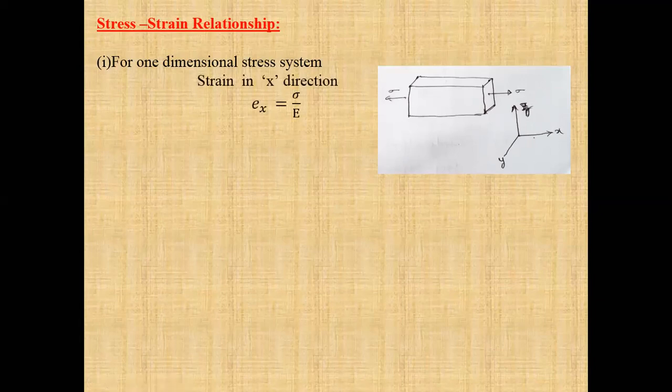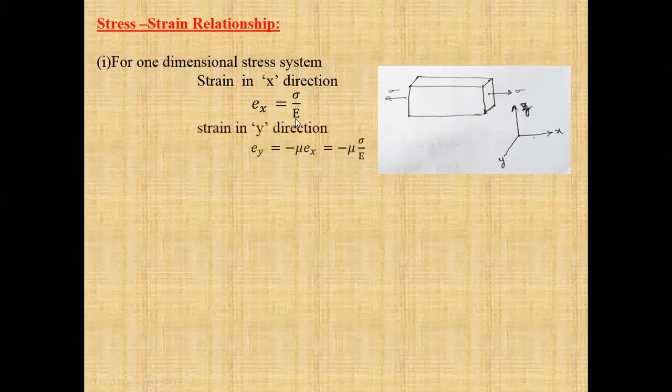What would be the strain in X? It is just sigma by E, stress by Young's modulus. Because stress by strain is Young's modulus, if you take this to the other side, strain is stress by Young's modulus. That's why I have taken the strain in X direction as sigma by E.